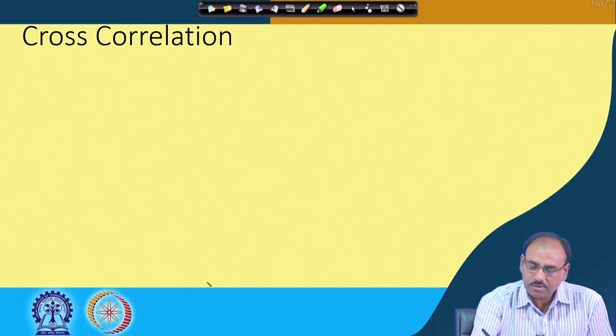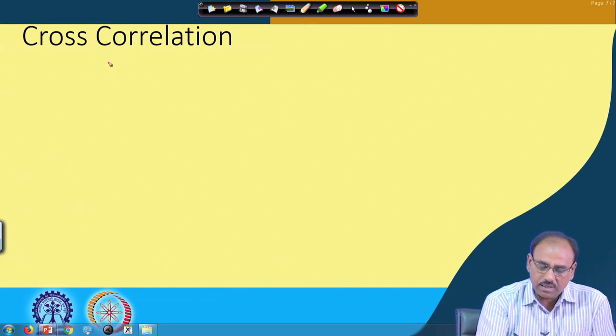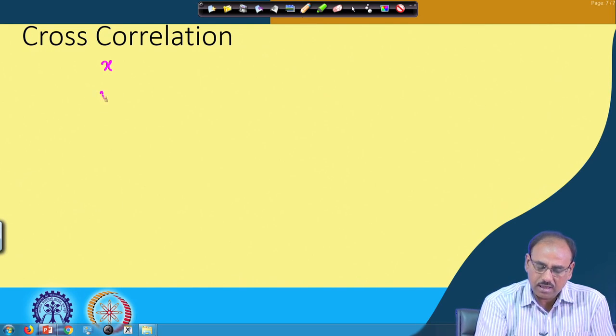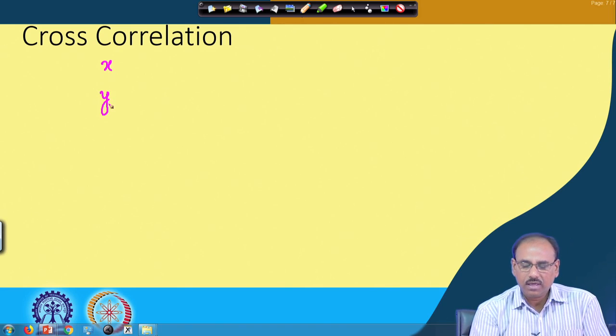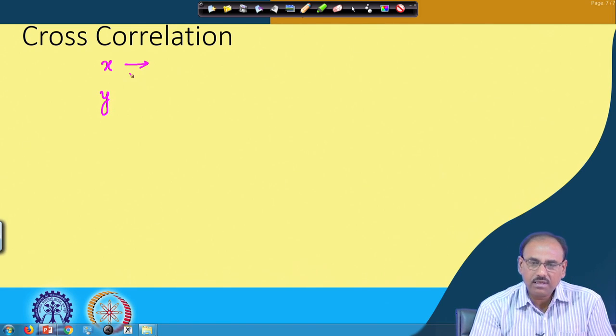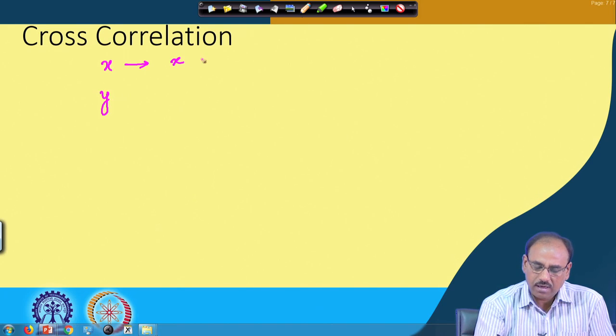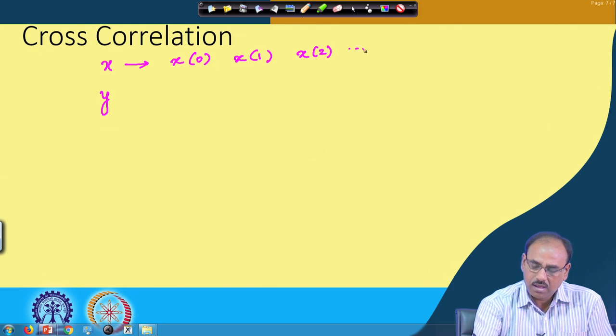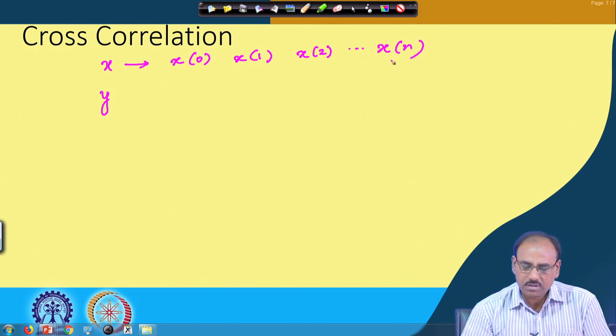Suppose I have one signal, say x, and the other signal is y. Again, initially let us talk about the discrete signal. So, x is given by x0, x1, x2 up to say xn if I have n number of samples.